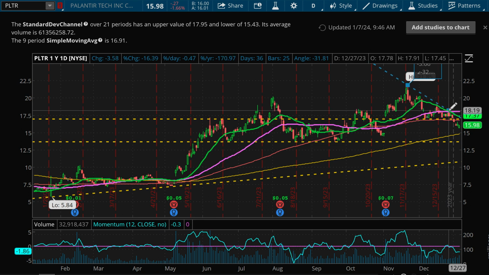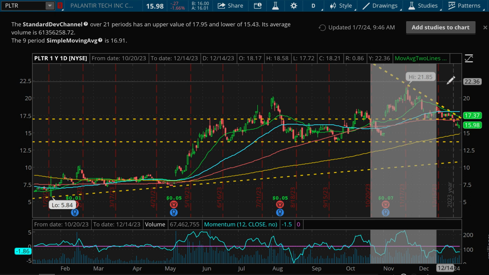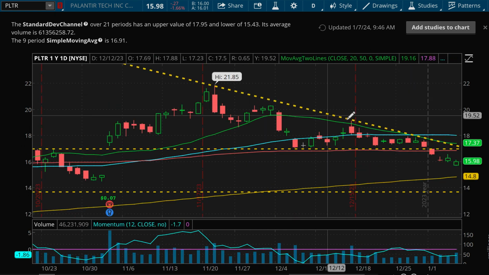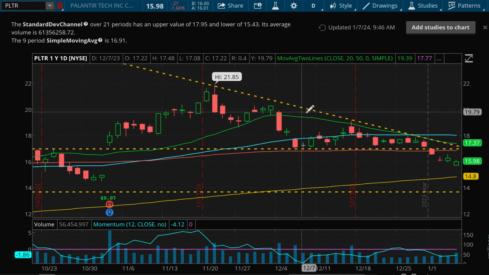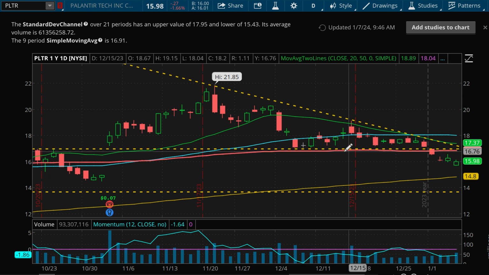Whenever I draw a line, of course, 2 points is a minimum. I prefer 3 to 4. The more, the better, right? So let's zoom in on this real quick before I go. See that? I drew that line. This has turned into a downtrend. Okay, that's not a good thing.